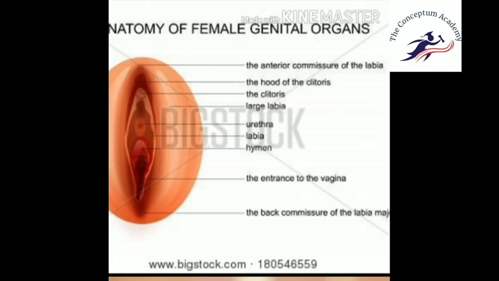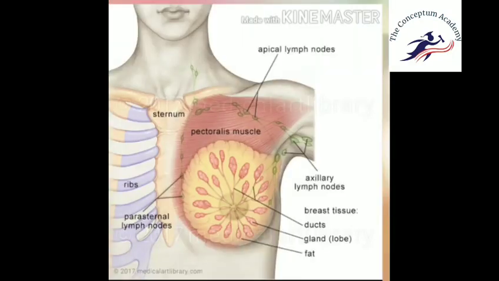Now the questions come from here, so these are points to remember. We will study in depth. The breast is divided into 15 to 20 mammary lobes containing clusters of cells called alveoli. The cells of the alveoli secrete milk which is stored in the cavities, the lumen, of the alveoli.